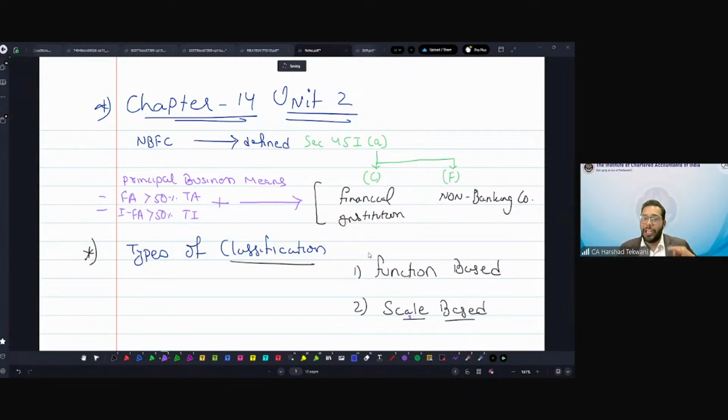Although they might not be involved in lending or deposit accepting, still their principal business can be called that of an NBFC. So that is the principal business of an NBFC, where no lending is involved, no deposit taking is involved, still they are known as an NBFC.